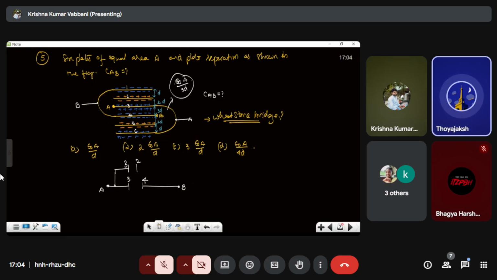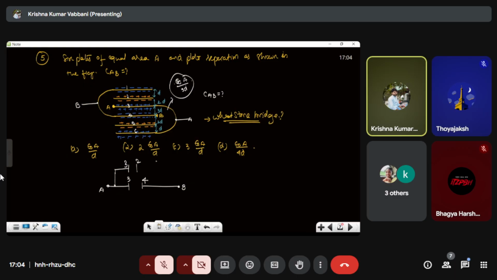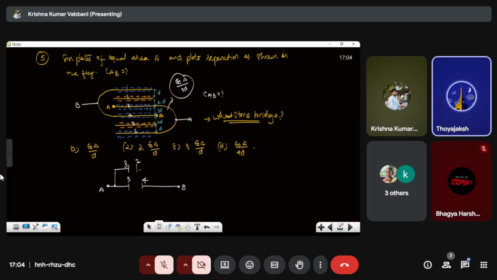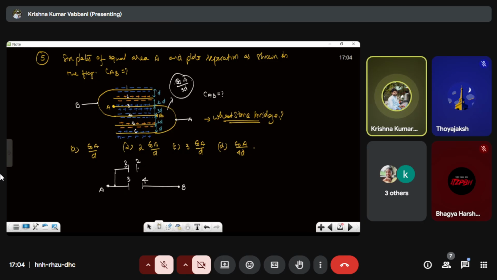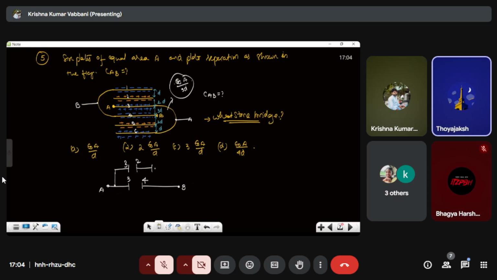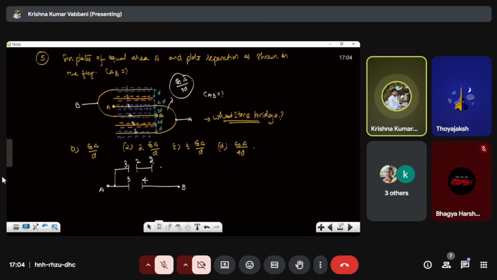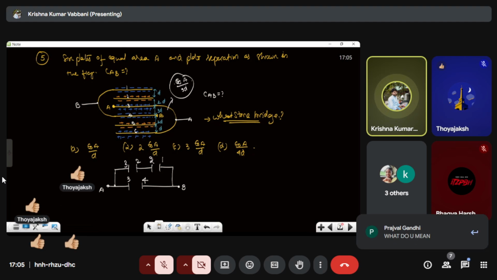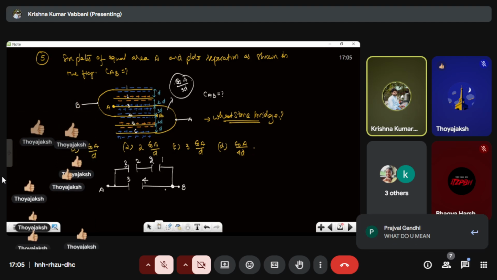And again 2 is parallel to 1, sir. But how can we draw the parallel to 1 here? Extend that, sir, and write as 2. But it's not connected, no? Yes, sir, like that. If I take this one, the 1, 2, and 2 is parallel to 1, and 1 is connected to B. Yeah, this is the thing.